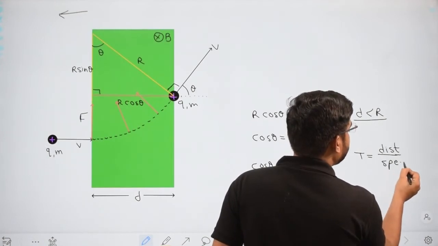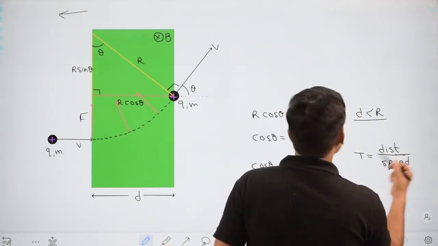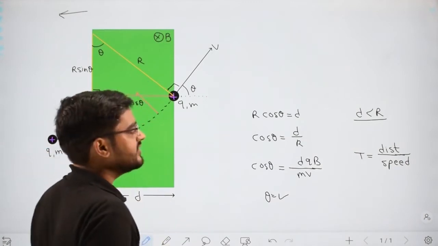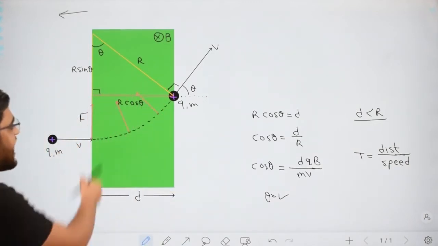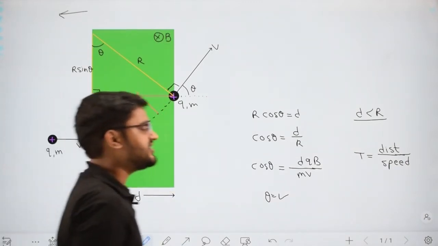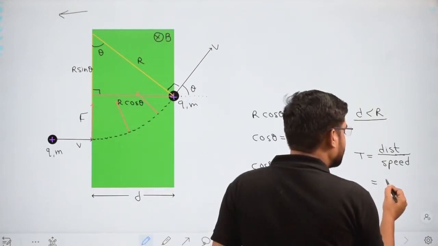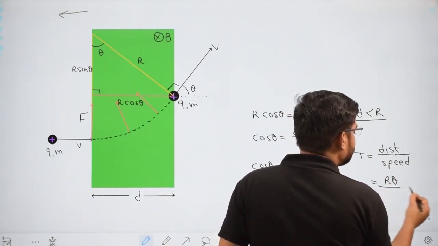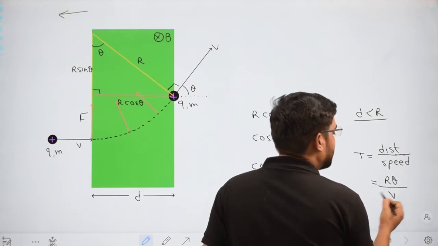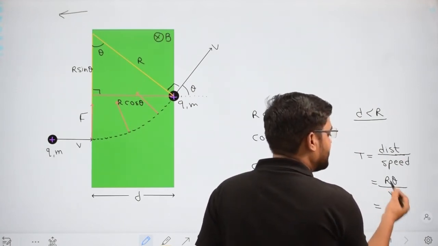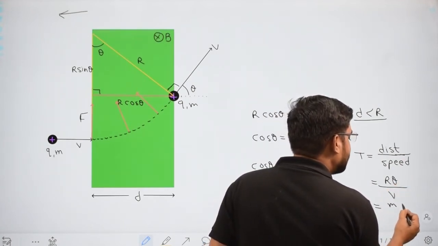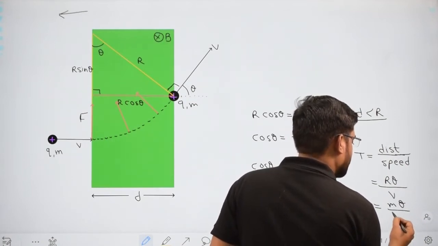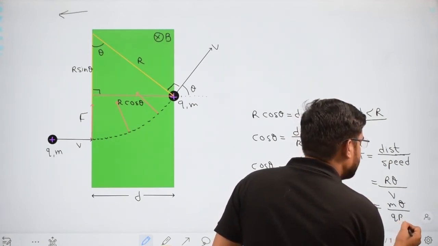We know that the speed is not changing, right? So it is performing the motion on a circle of radius r. This distance is nothing but r theta, and the speed is v. And what is r? r is mv by qB. v will get cancelled out and we will get m theta by qB.